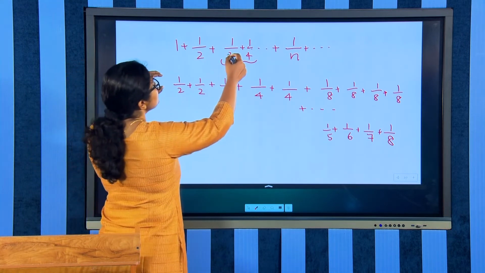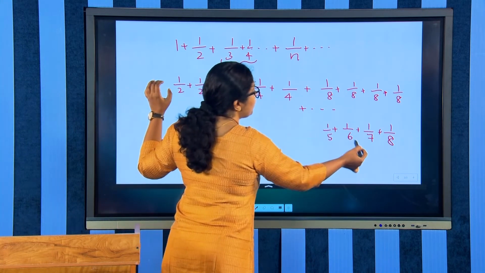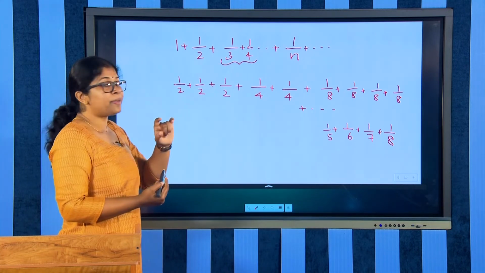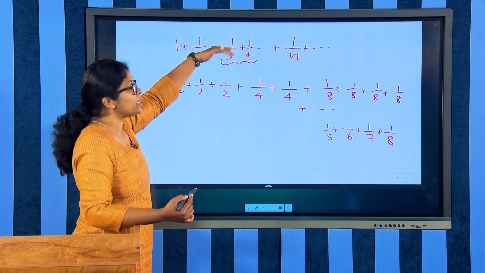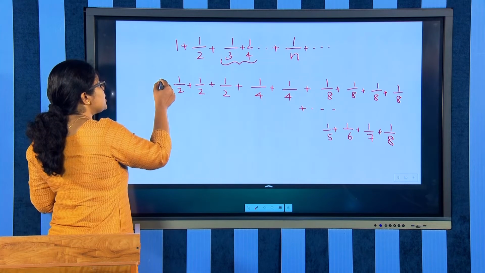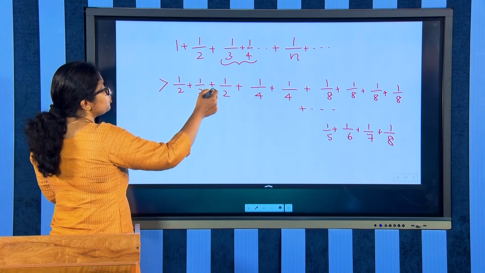If we replace this 1 by 3 with 1 by 4, and 1 by 5, 1 by 6, 1 by 7 with the number 1 by 8. So, remember that 3 is less than 4 and so 1 by 3 will be greater than 1 by 4. So, this is obviously greater than 1 by 2 plus 1 by 2 plus 1 by 2.